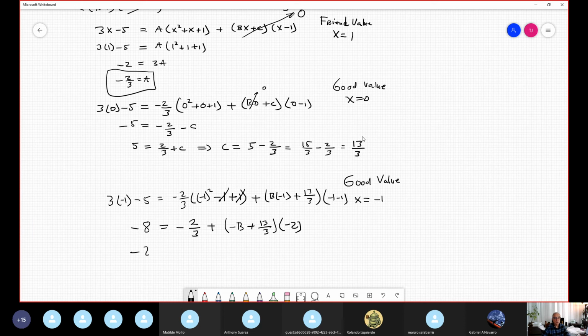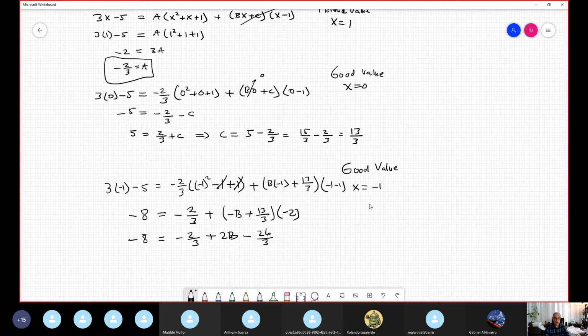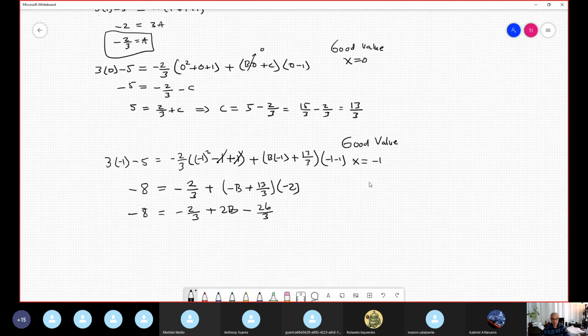Now distributing, negative 8 is equal to negative 2/3 plus 2B, minus 26 over 3. Okay, solve for B now. So negative 8 plus 2/3 plus 26 over 3 equals 2B.